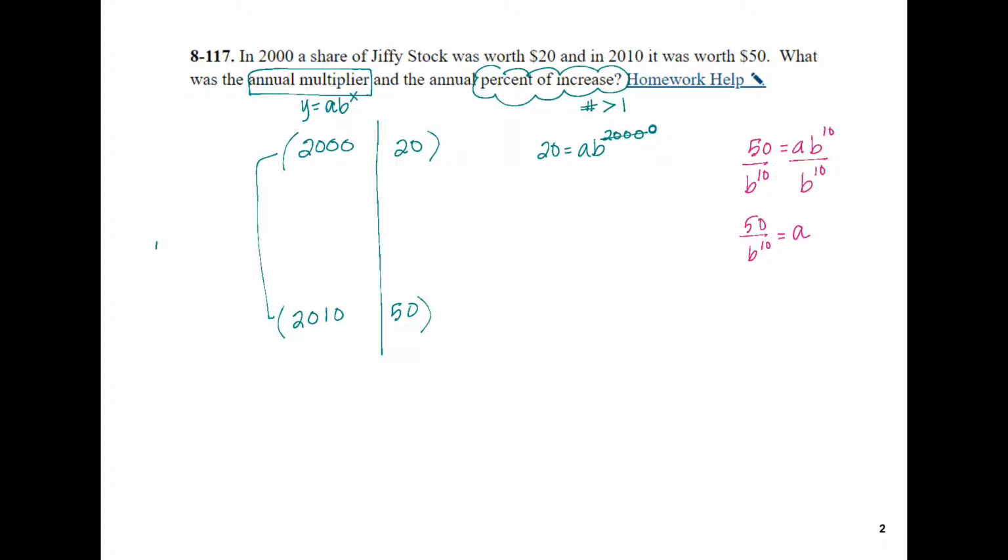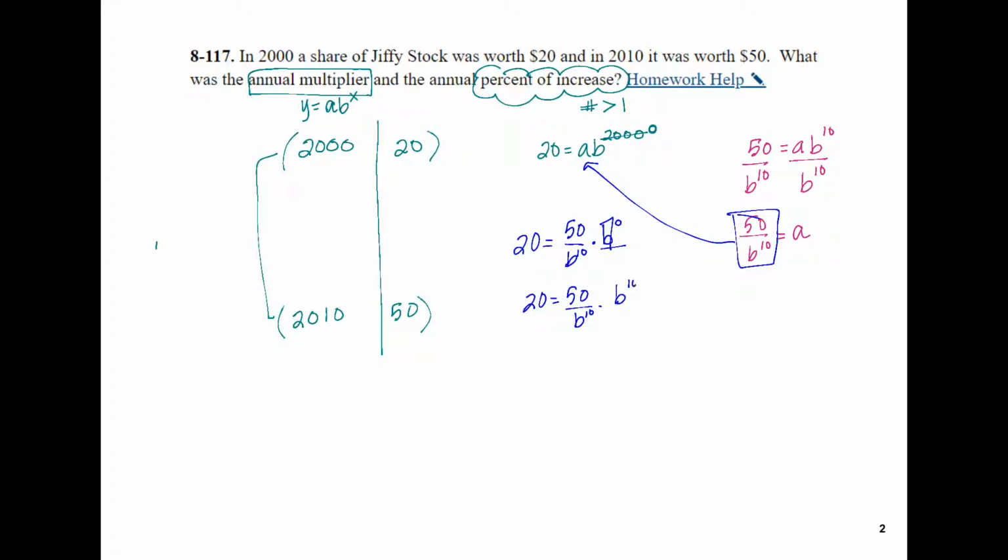I then can use substitution and take what I know a equals and plug it in my other equation for a. So 20 equals 50 over b to the 10th times b to the 0. Anything to the 0 power is 1. So we get 20 equals 50 over b to the 10th.